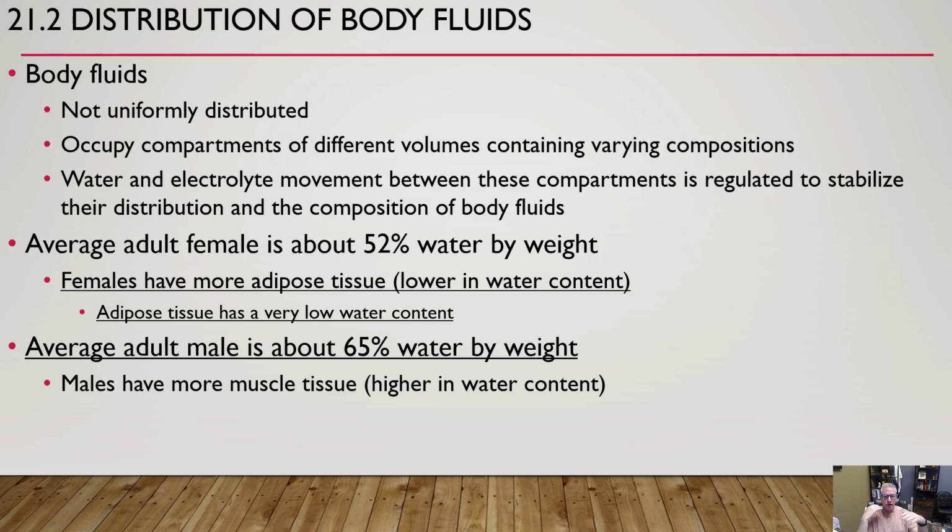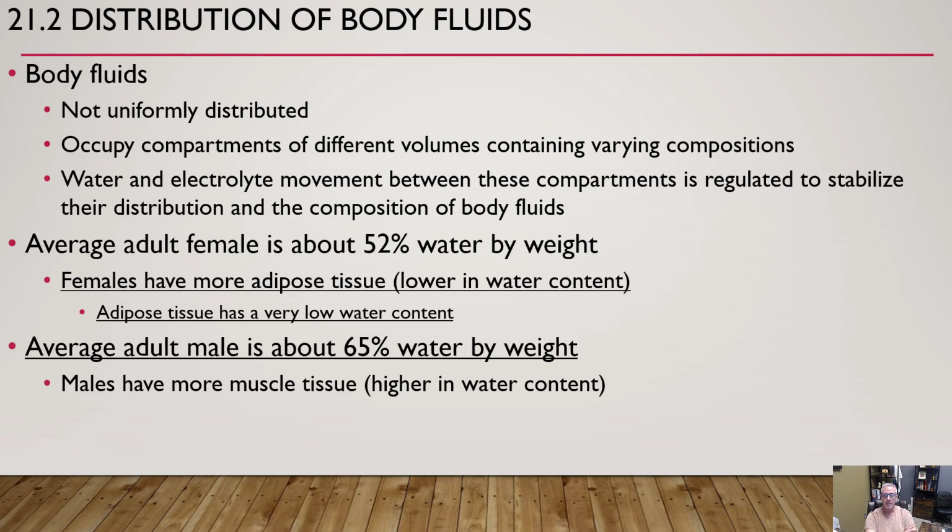And we do know that there are differences between males and females. Females have about 52% water by weight, and males have about 65% water by weight. Unfortunately, females have a little bit more adipose tissue than males do. Males have a little bit more muscle tissue.